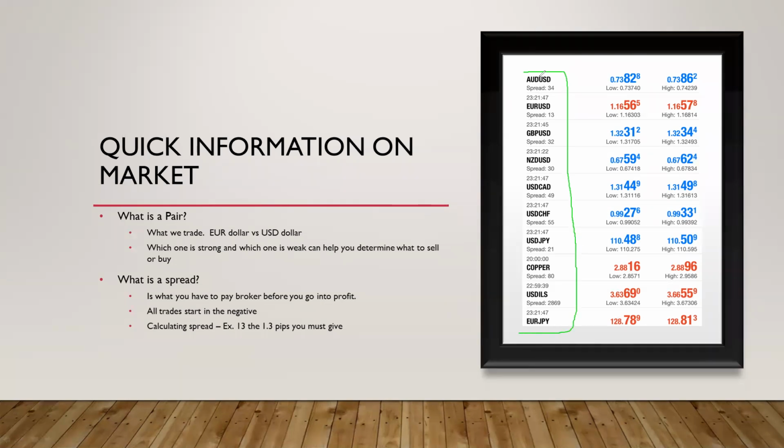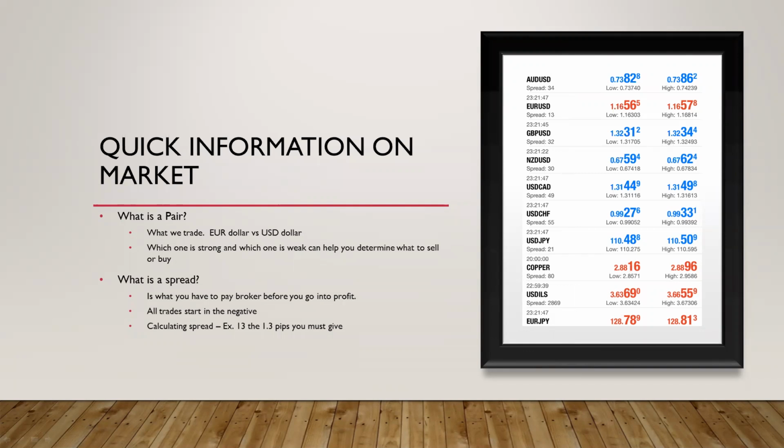So for an example, we'll trade the Australian dollar against the US dollar, the euro dollar against the US dollar, GBP, which is the Great British pound, against the US dollar, the New Zealand dollar against the US dollar, USD against CAD, and so on and so forth. So those are the currency pairs that we will be trading, one against the other, and whichever one is weaker or stronger will determine if we do a buy or a sell.